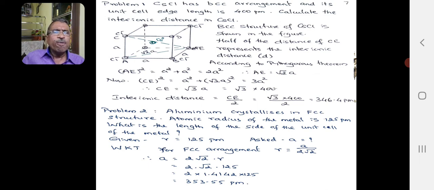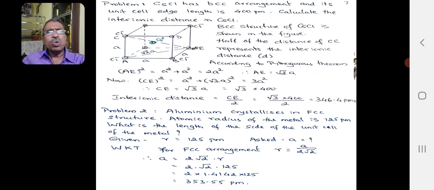We know that for face-centered cubic structure, r is equal to a upon 2 root 2. Therefore, a is equal to 2 root 2 into r, that is the edge length. This is equal to 2 into root 2 into 125, that gives 353.55 picometer.